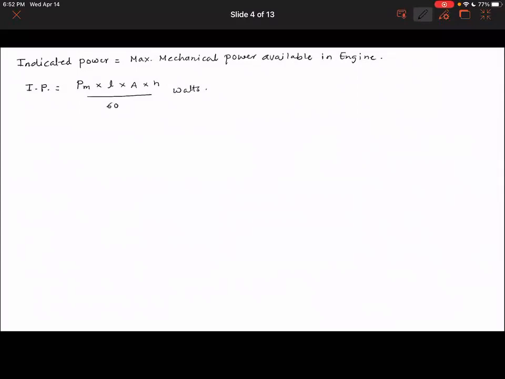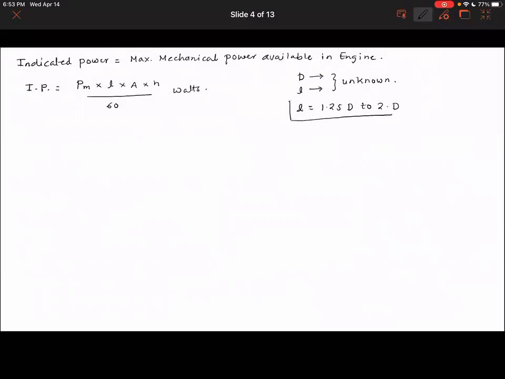Now, the next important thing is, if you look at this equation, there are two unknowns. The diameter is unknown, and L is unknown. So we cannot solve two unknowns using one equation. So it is customary to consider the length of the stroke L equal to 1.25 to 2 times the diameter.